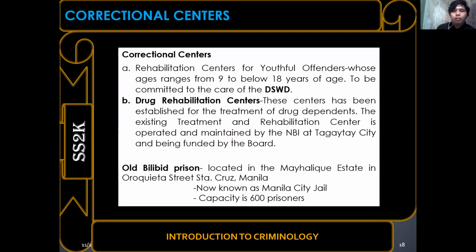Then, meron yung tinatawag na correctional centers, no? Correctional centers, the rehabilitation centers for youthful offenders, whose ages range from 9 to below 18 years of age, to be committed to the care of the DSWD. Yung mga bata na humihit-hit ng droga o kaya yung pong mga rugby boys, ayan.